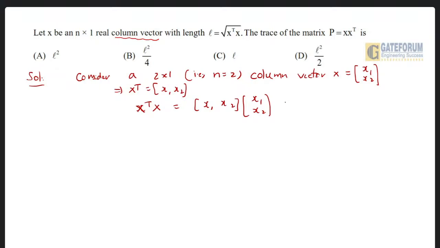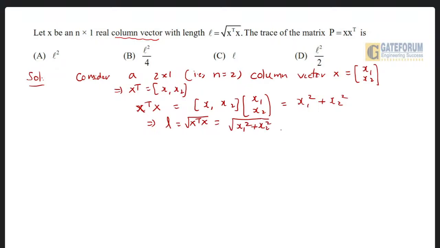So the length of a vector x is denoted by norm x and is defined as the square root of x transpose into x. First row into this column: x1 into x1, x1 square, plus x2 into x2, x2 square. So L is equal to root over x transpose x, which is nothing but root over x1 square plus x2 square.